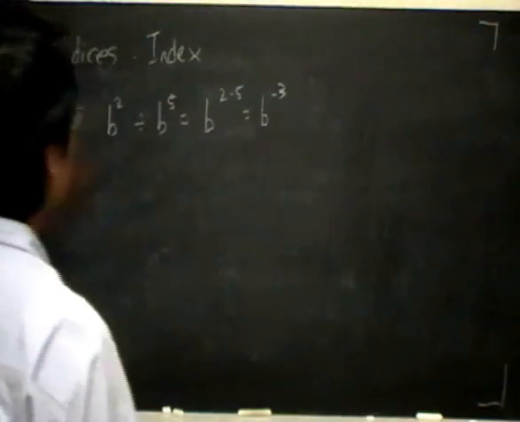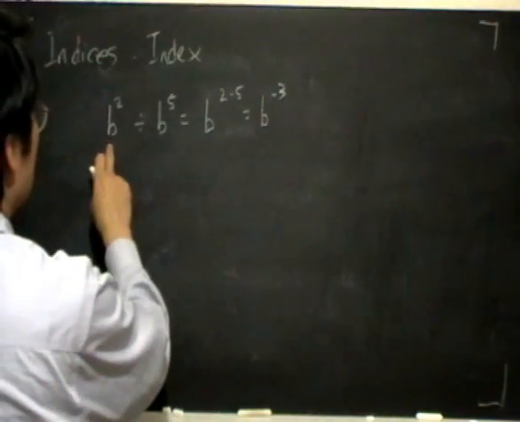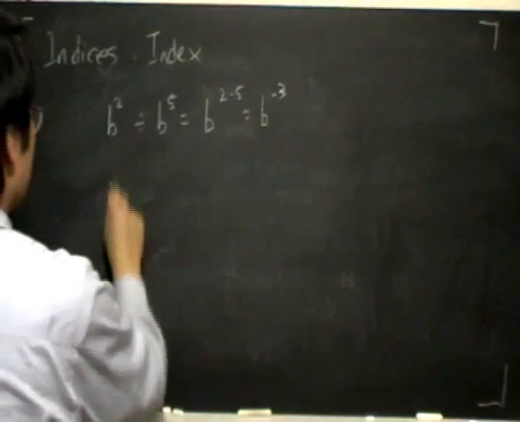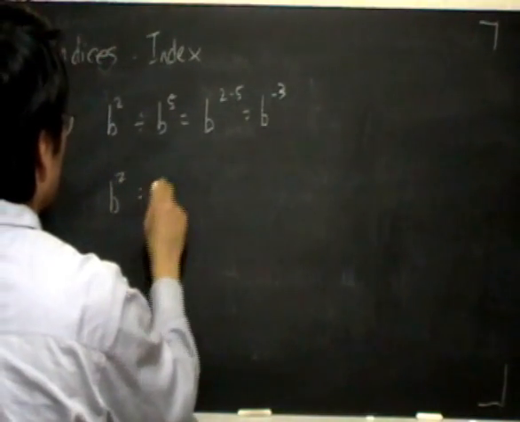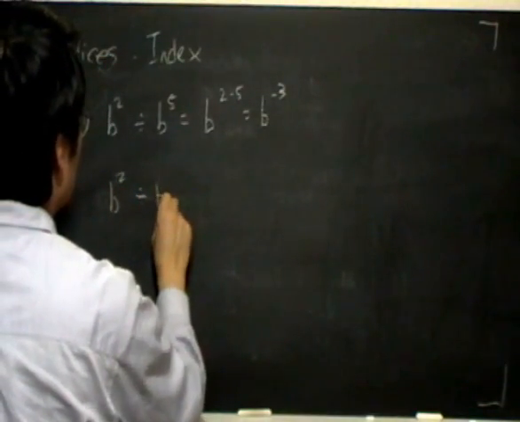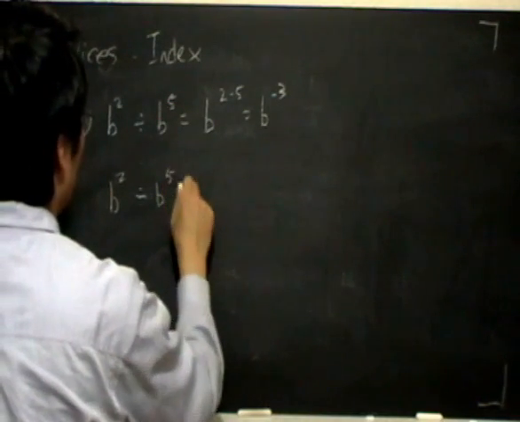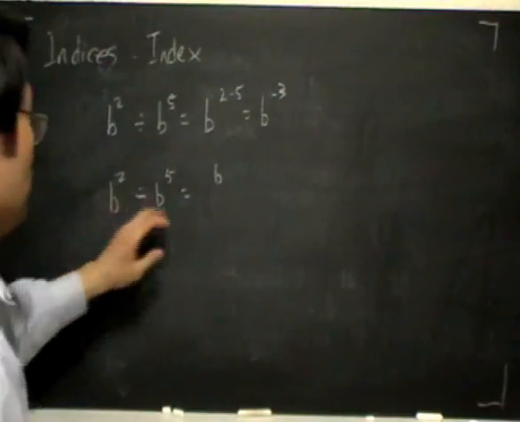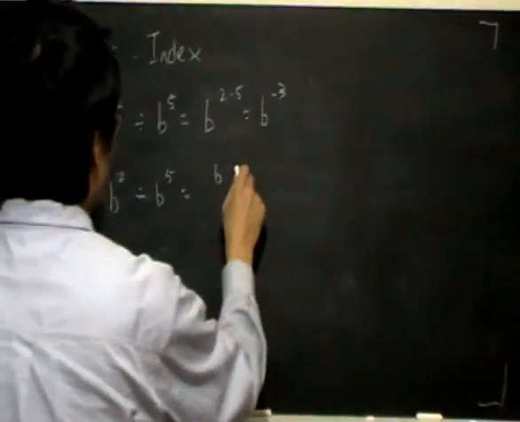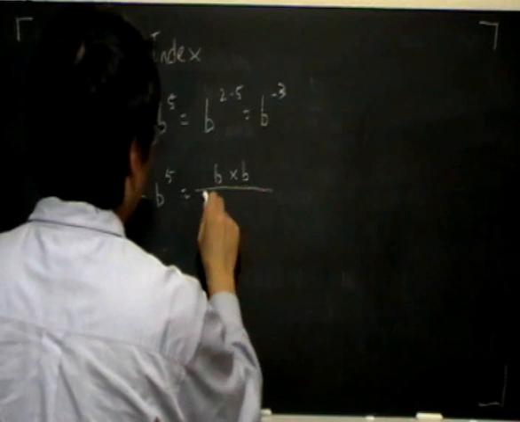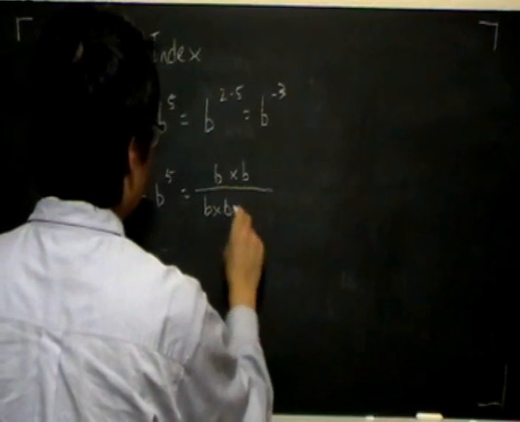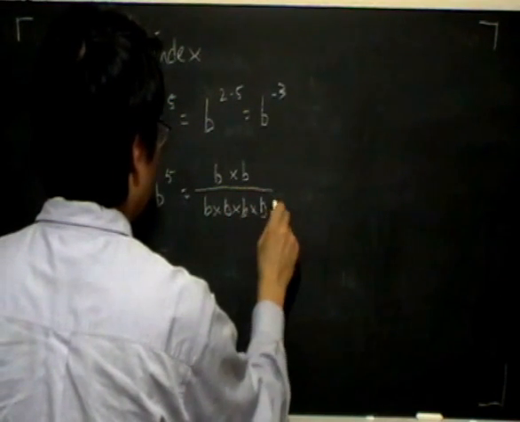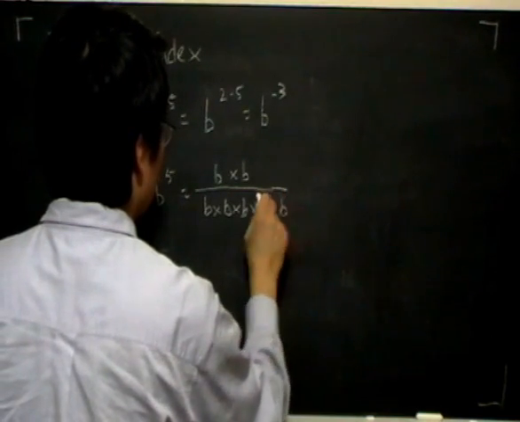So if we do this the long way, b squared divided by b to the power of 5 is b times b divided by b times b times b times b times b, 5 factors of b.